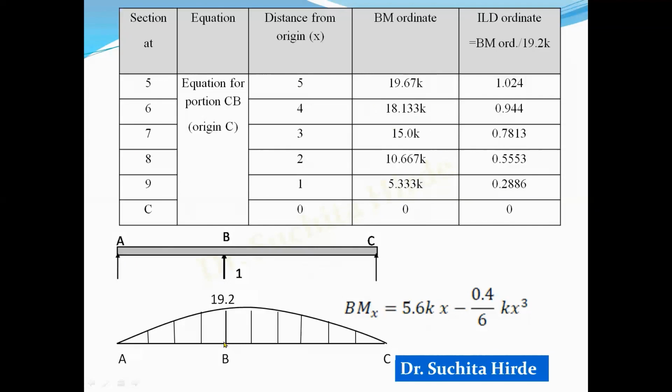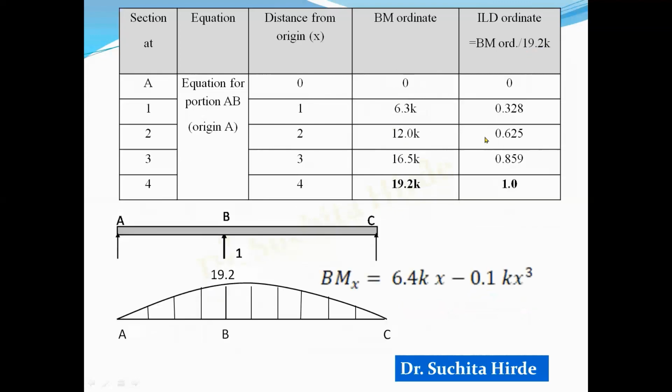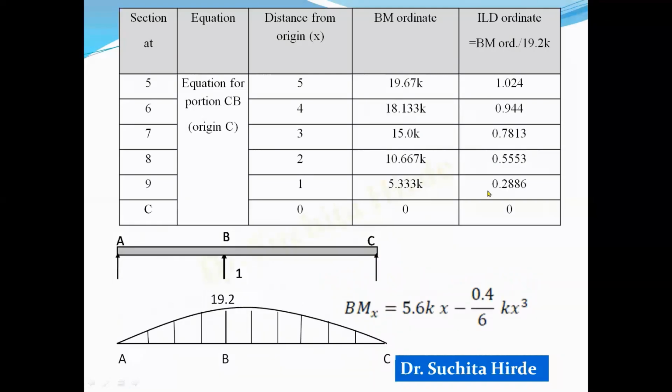But we want ILD ordinates. So to get ILD ordinates, we have to divide all these ordinates by 19.2. What is 19.2? 19.2 is the ordinate here, where we want to draw the influence line diagram. So this ordinate we want to make 1, and therefore we divide all the ordinates by 19.2.